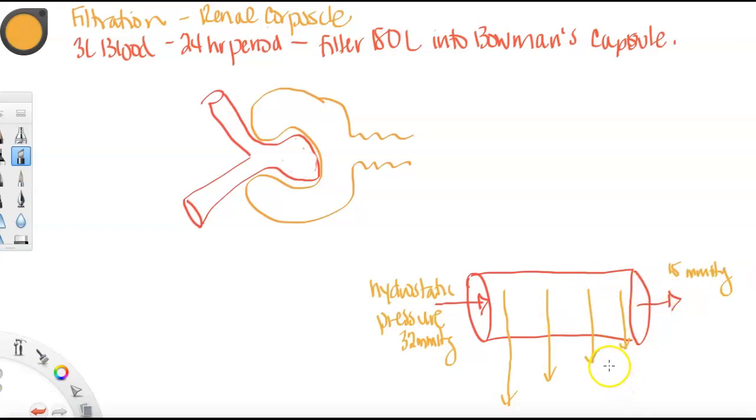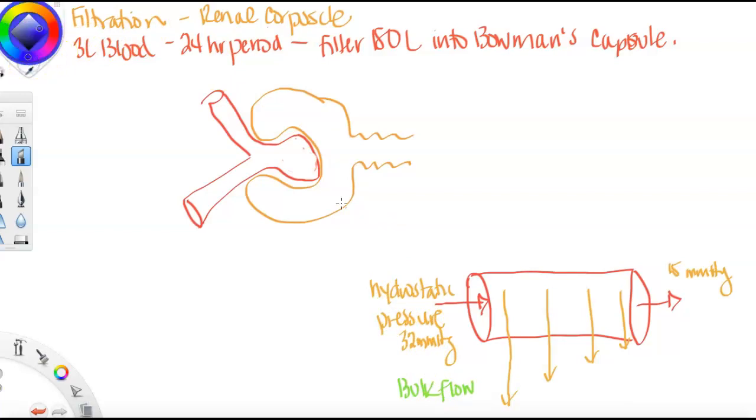So it pushes out fluid. We called that bulk flow. It pushed out fluid and whatever went with it, and that's a type of filtration. It's not specific. It's just a bunch of fluid coming out and whatever's in there with it.